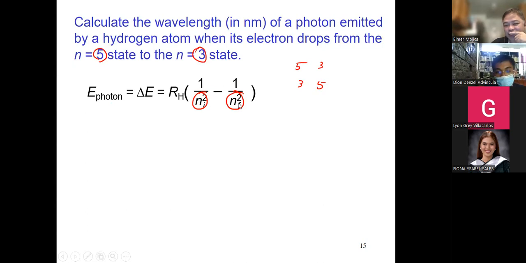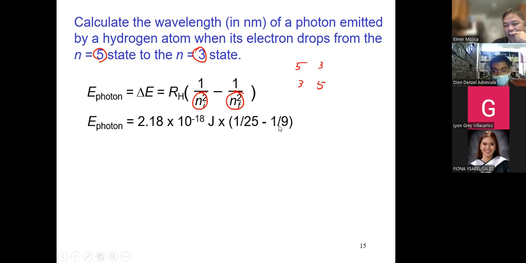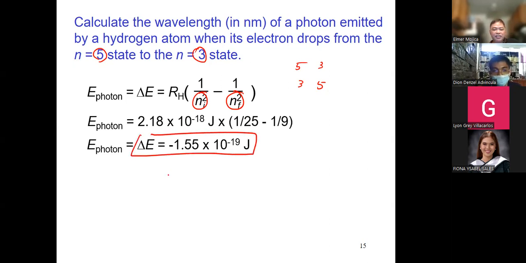Ano yung initial? Ano yung final? 5, 3. Okay, so one is 5 here and the other one is 3. And if you get the square root of that, 1 over 25 minus 1 over 9. So makikita mo dito yung energy. But the one that's being asked is the wavelength.